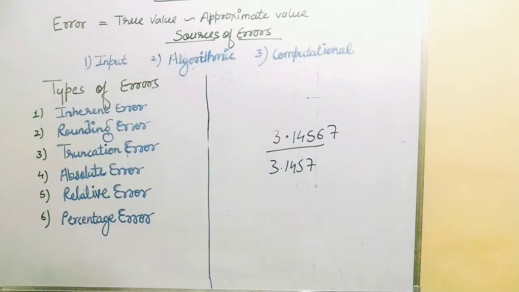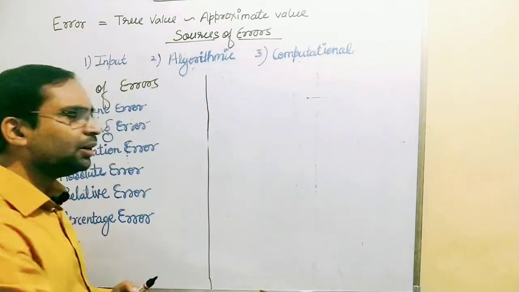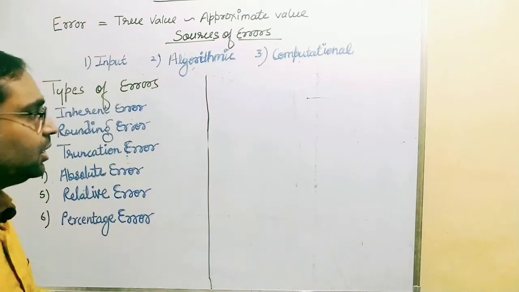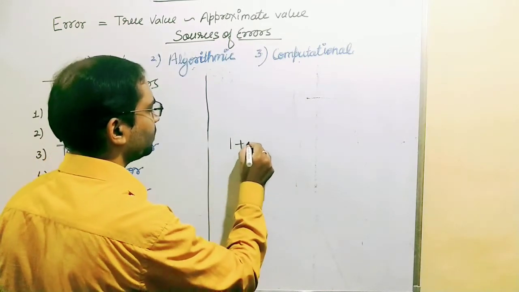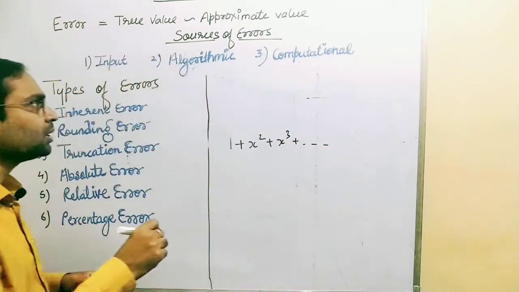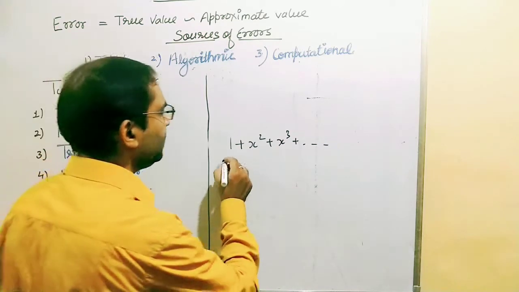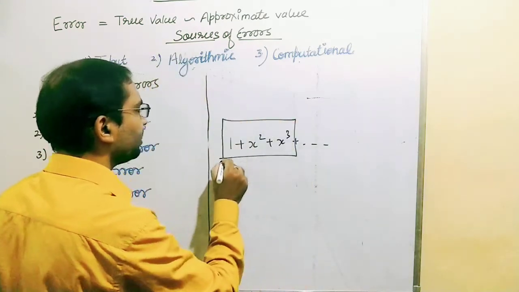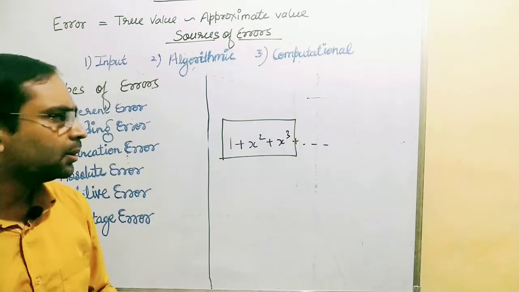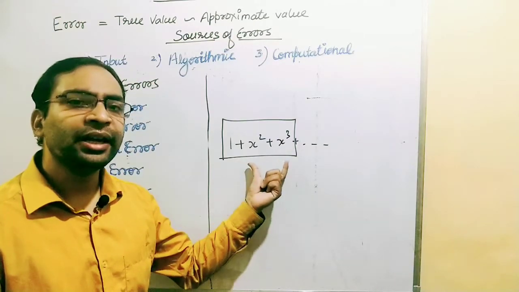Next is the truncation errors. Truncation errors can be related to the algorithmic errors, where we truncate the number of steps. Like we have already seen in any series, let's say 1 plus x square plus x cube plus and so on. Whenever we truncate this series in our calculation to any specific desired number of terms, the error introduced will be known as truncation errors.